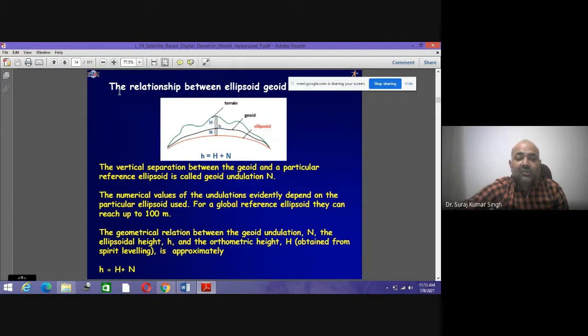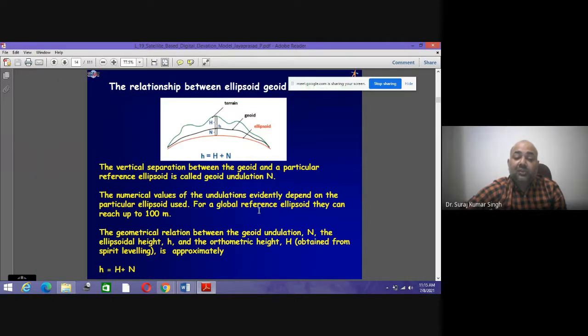So you can see the relationship between the ellipsoid and the geoid. You see how the terrains look, what we assume for the ellipsoid, and what we assume for the geoid. The vertical separation between the geoid and a particular reference ellipsoid is called geoid undulation, and the numerical values of the undulation evidently depend on the particular ellipsoid we have used.